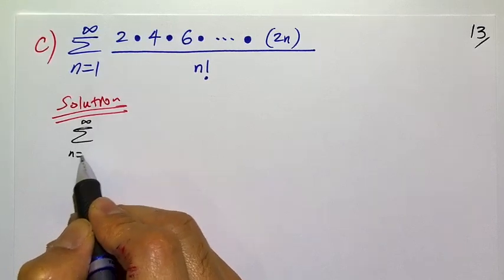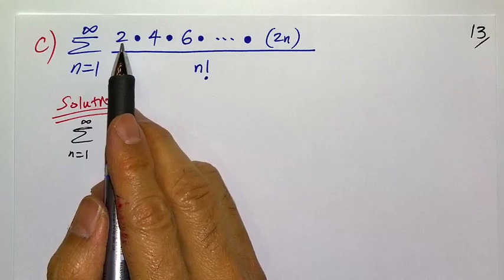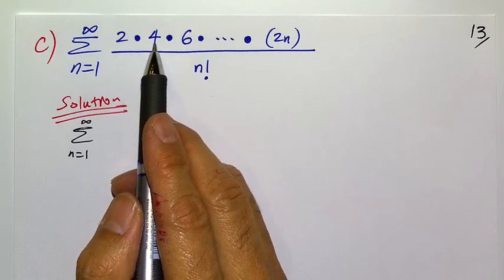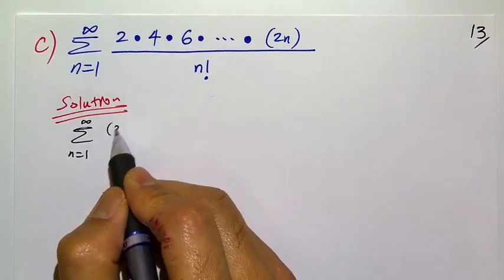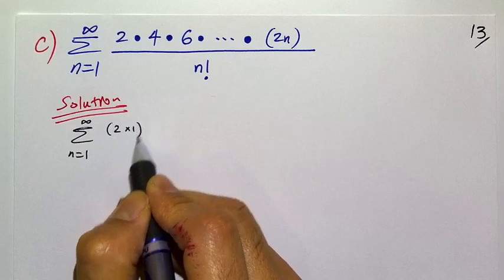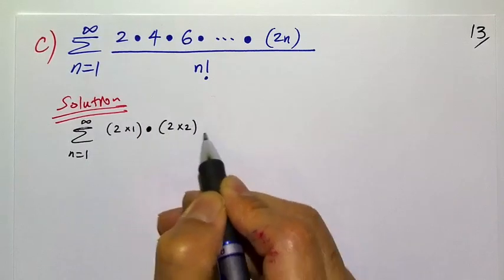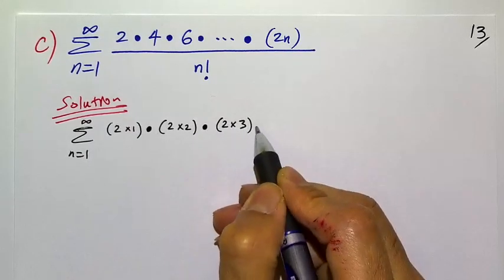the series from 1 to infinity. Let's write, since this 2 is 2 times 1, 4 is 2 times 2, 6 is 2 times 3, and so on. So 2 times 1, and then 2 times 2, 2 times 3, right? On and on.